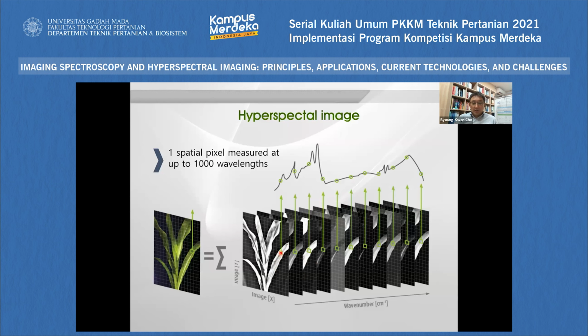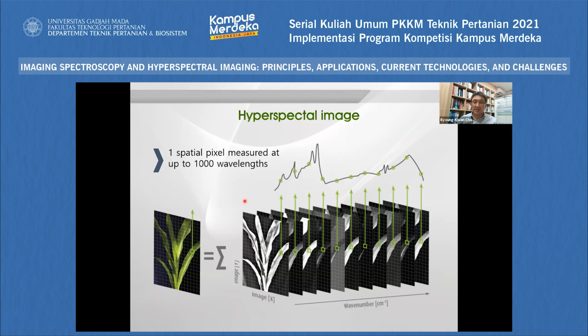So in the hyperspectral image, each pixel is like a spectrum. You remember the spectrum has chemical information of materials, right? So a hyperspectral image has image plus chemical information.